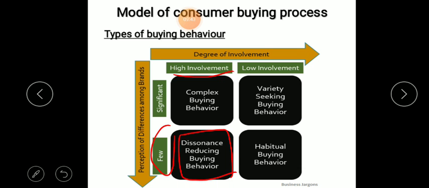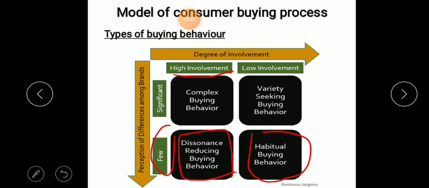Then the third one is habitual buying behavior. As the name suggests, you purchase here out of habit. Consumers' buying behavior in situations characterized by low consumer involvement in purchase decisions and few significant perceived differences among brands.